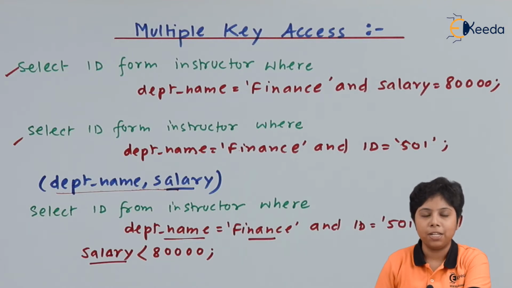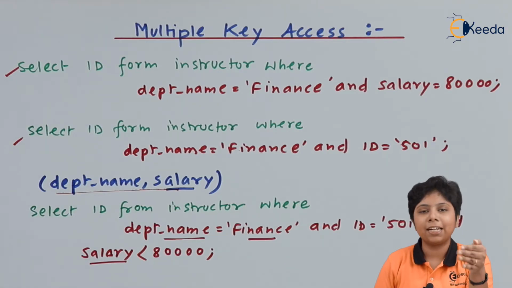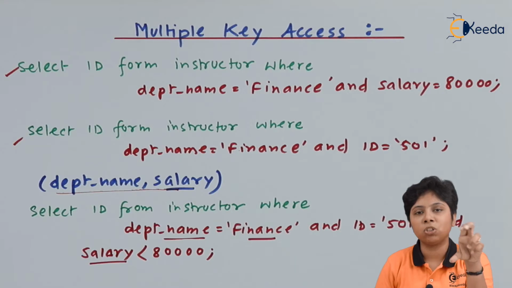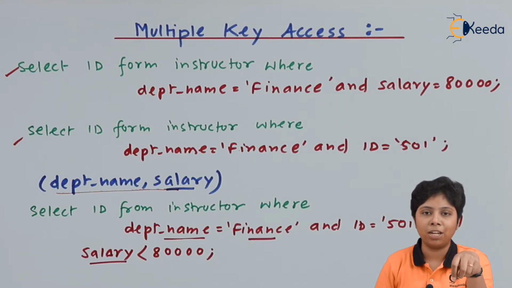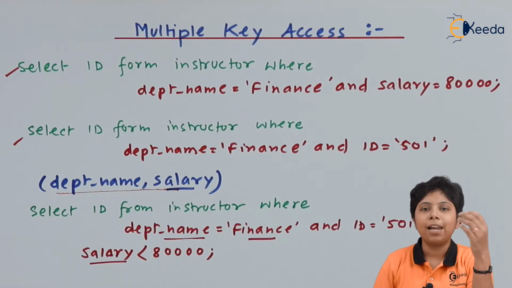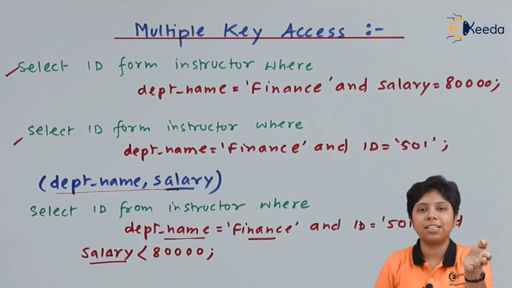Now, while we have created the ordered indices, we have already seen that the ordered indices can also belong to a range or a particular number of this attribute value that it is showing. Like we have stored in this ordered indices that the salary of these instructors can be 60,000 for more than one.